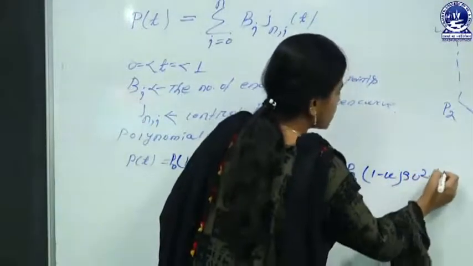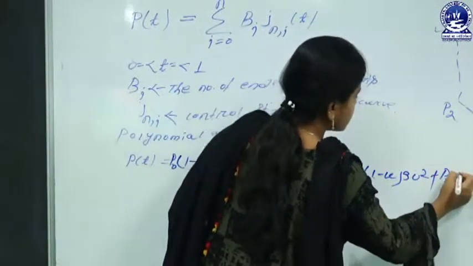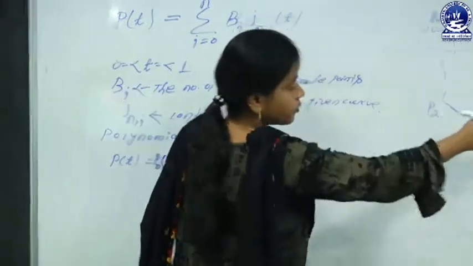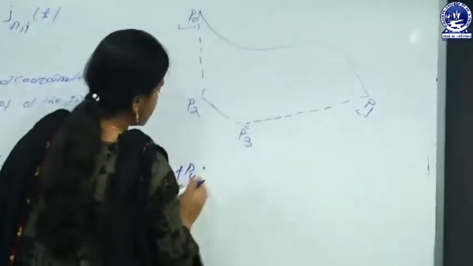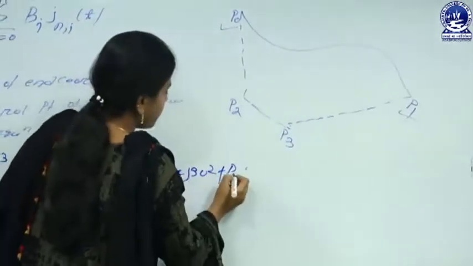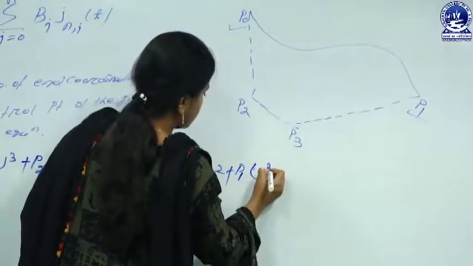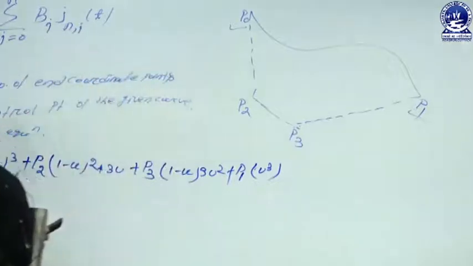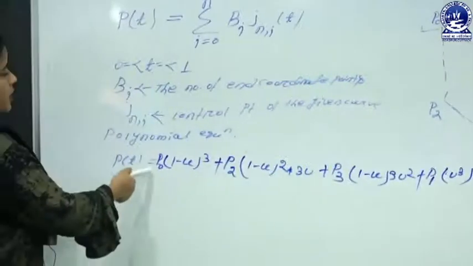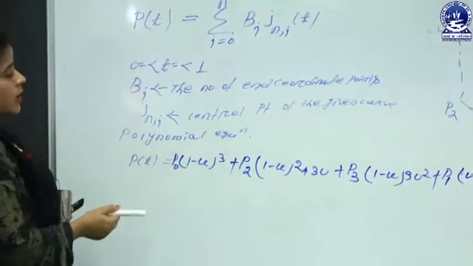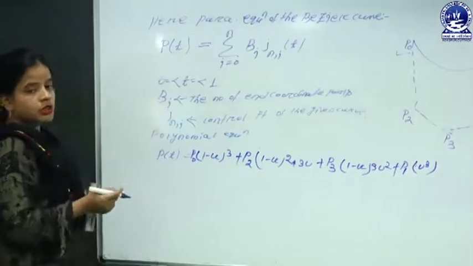Then plus P4, that's your P1, as here it ends with P1, so that's P1 of u cube. Okay, so that's your general formula for finding the given polynomial equation of the Bezier curve.